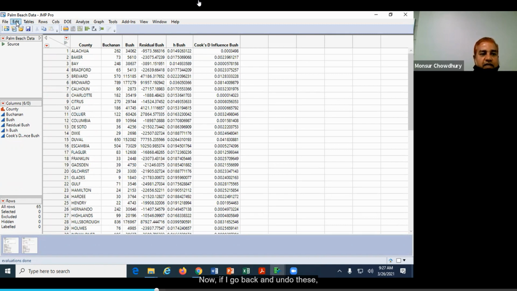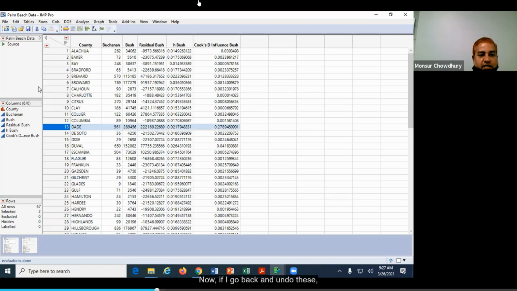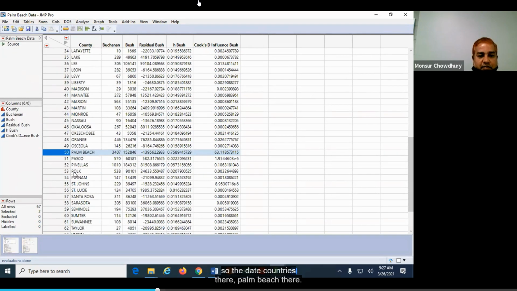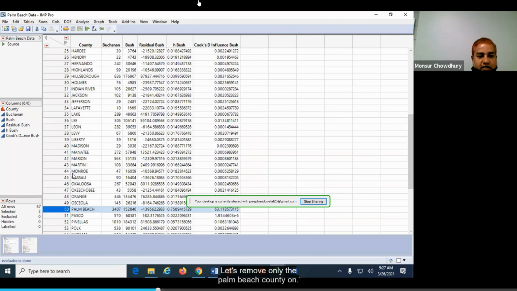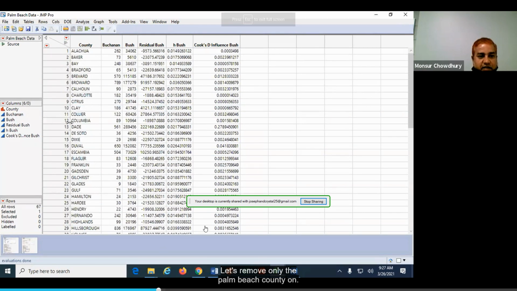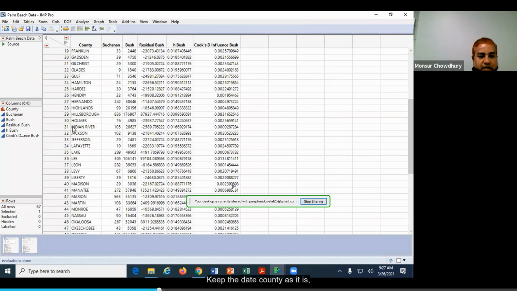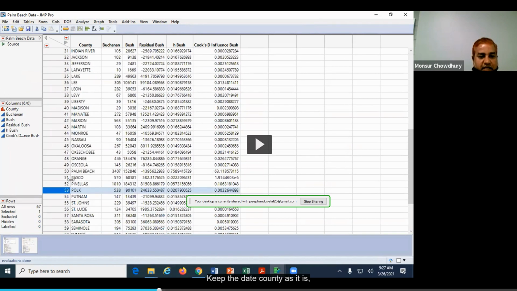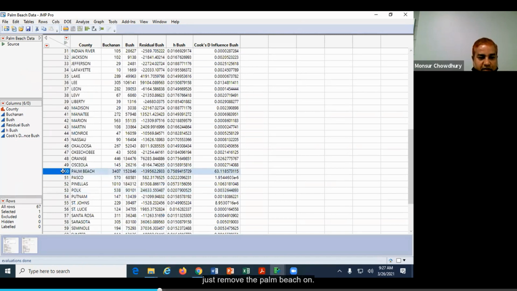Now if I go back and undo this, the Dade County is there, Palm Beach is there. So let's remove only the Palm Beach one. Keep the Dade County as it is, just remove the Palm Beach one.